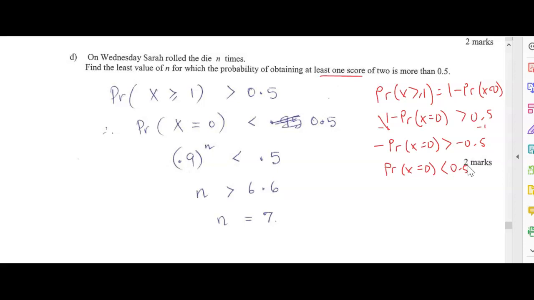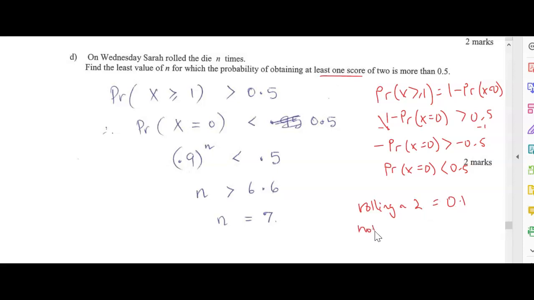The probability that X equals 0. So that's not rolling a 0 on the die, that's getting 0 2s. All right, so we know the probability of rolling a 2 is 0.1.